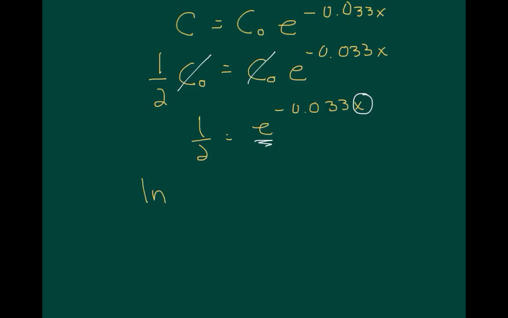So the natural log of 1/2 equals the natural log of e to the negative 0.033x. Now, we could use the property that the exponent comes in front, but let's stop a minute. This really deals with property number 5. What is the exponent of e needed to get e to the negative 0.033x?